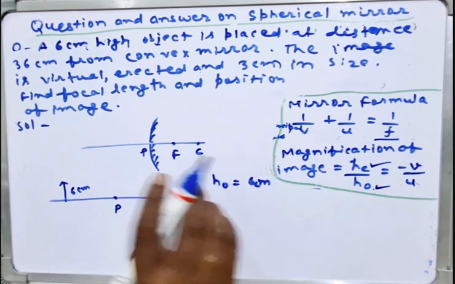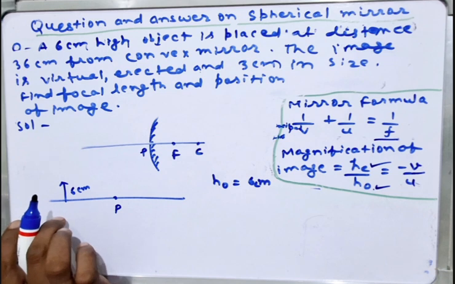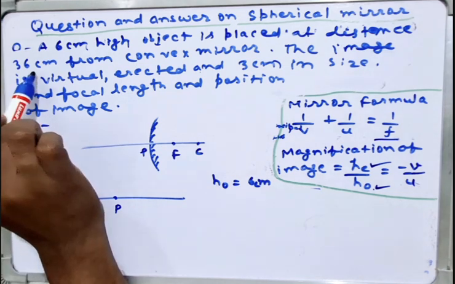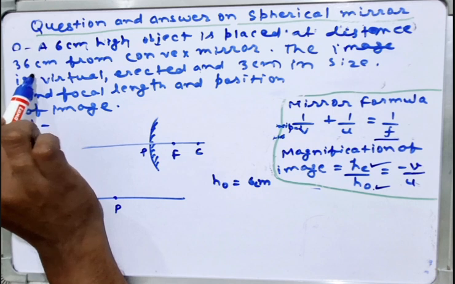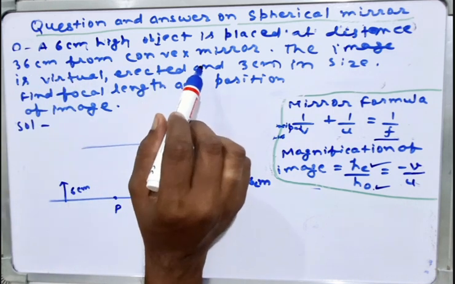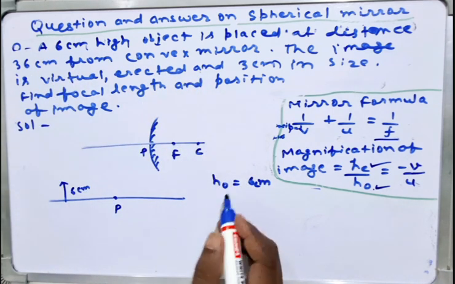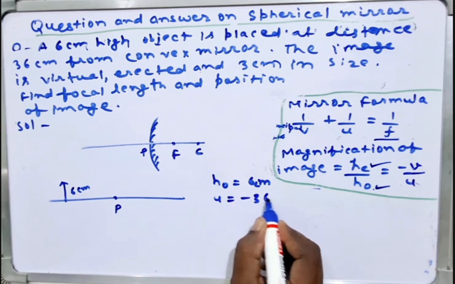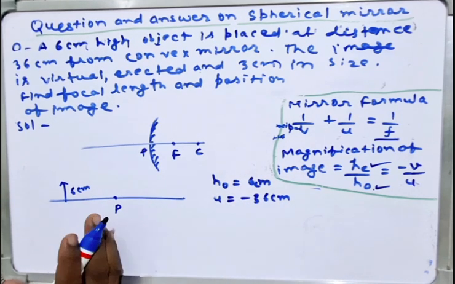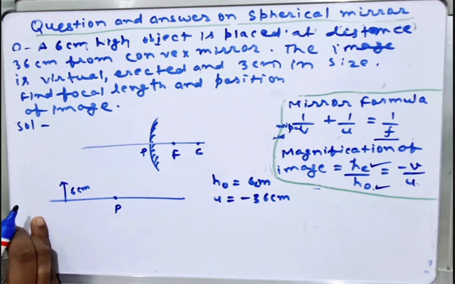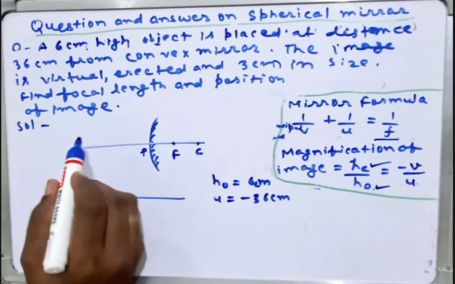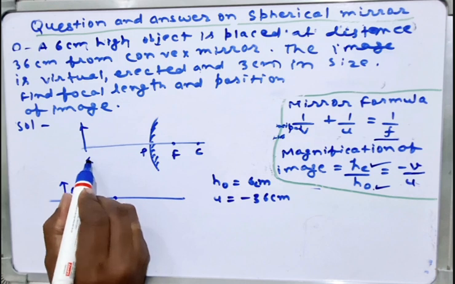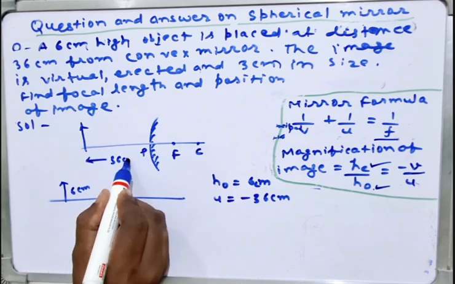The second information: the distance between the object and the mirror is 36 centimeter. So you will take minus 36 centimeter, because we always place the object on the left side of the mirror.